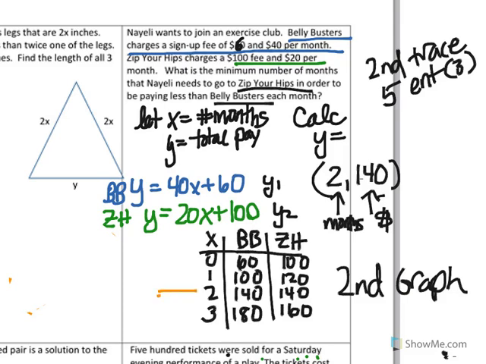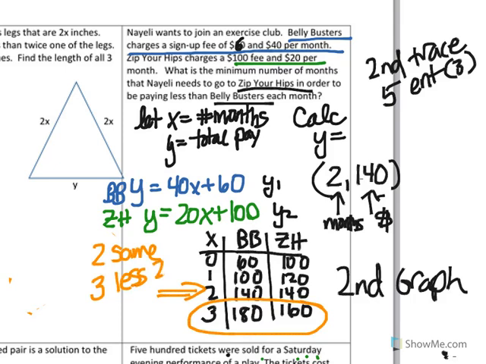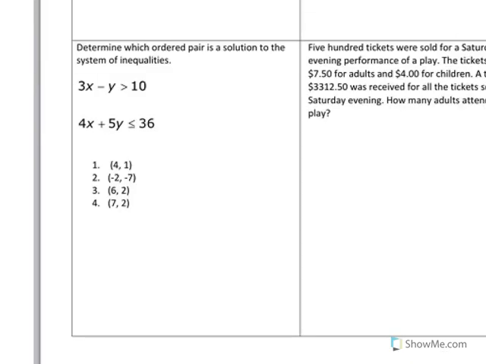So when I look at the table, we can see this is where they are the same, but it's in month 3 that it becomes less. So don't make the mistake on a quiz or a test of saying it's month 2. Month 2 is when it's the same. Month 3 is when Zip Your Hips is less. So, okay, good. Let's go on to the next one.